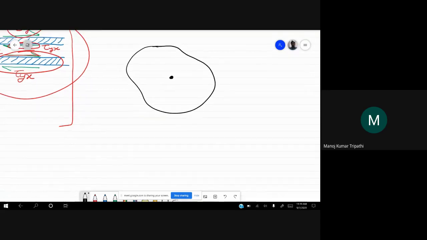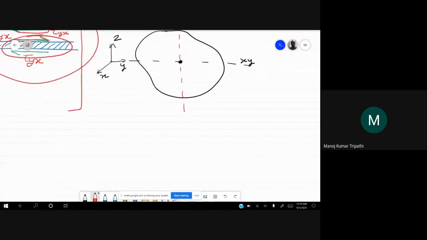So what we can do is imagine a slice passing through this body like this. Okay, let me draw some xyz axes, and let's say this is in the xy plane. This is the xy plane that I have drawn here, or you can consider an xz plane to find out the stress.